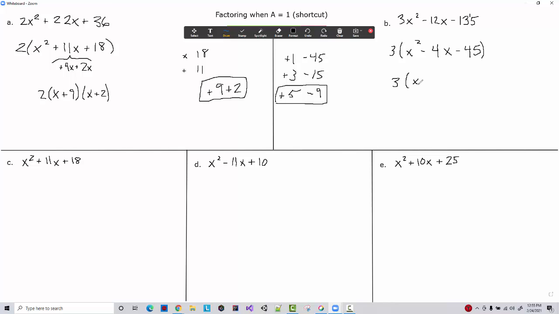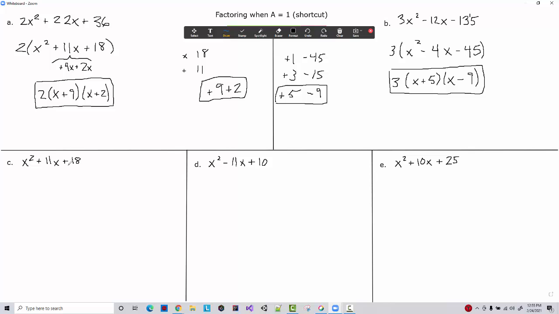We don't need to go through and do the AC method. If we did, we still can. Like I said, it works every single time, but we don't need to, because when we get done, we're going to end up with this anyway. So this is a nice thing when A equals 1. Once you find your factors that you would use for the middle, they actually end up just being your factors at the end for your answer.